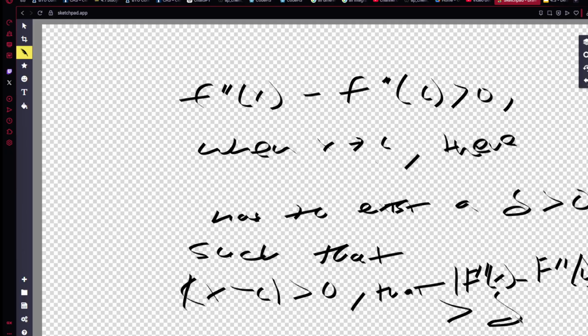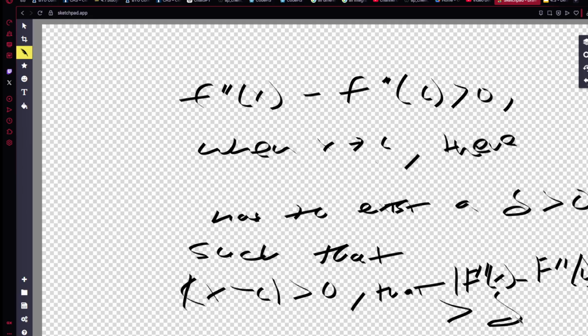So there has to just be a tiny, tiny interval in which there's no sign change between the f double prime of x to ensure that the function is smooth and that the function has a local maxima or local minima at that point.